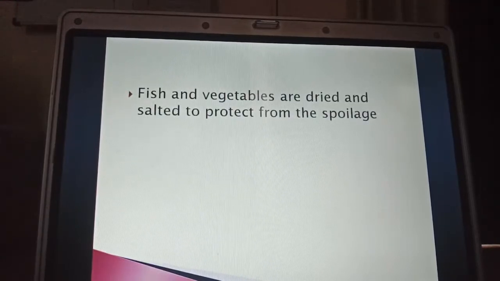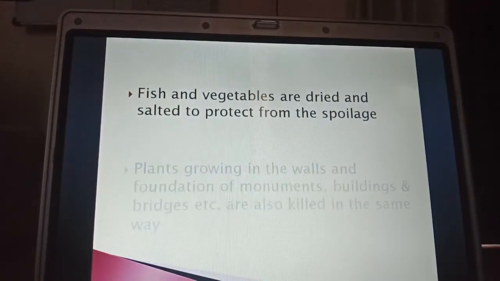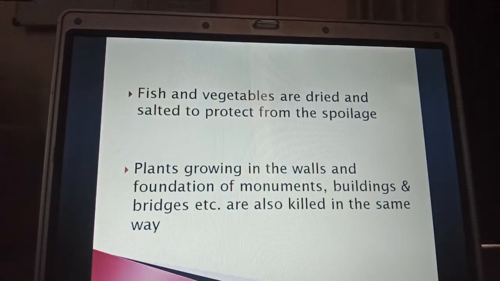Fish and vegetables are dried and salted to protect them from spoilage. Plants growing in the walls and foundation of monuments, buildings, bridges, etc., are also killed in the same way, by addition of salt.